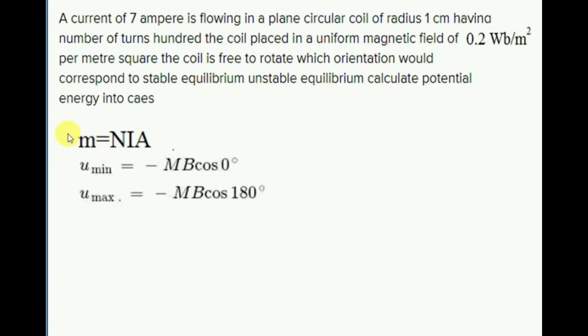Using this formula you can find the magnetic dipole moment, and the formula for potential energy is minus m B cos theta. This is B, the magnetic field, and m you have found out. For minimum potential energy theta is 0, for maximum potential energy theta is 180 degrees. So you can put the values and get the answer.